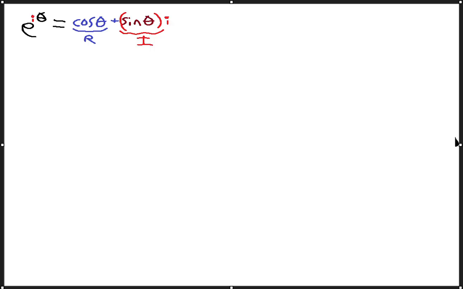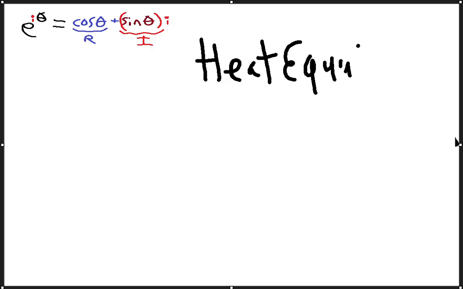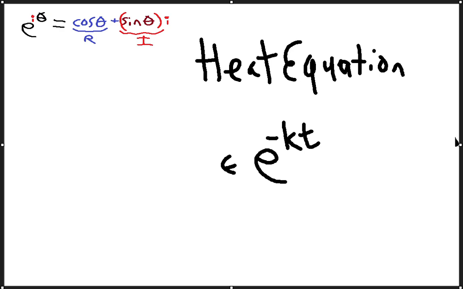Well, this is important because there's something called the heat equation, which makes use of something like e to the negative k times t, where k is some variable, and because you're wondering, this is our t, and this is the temperature.